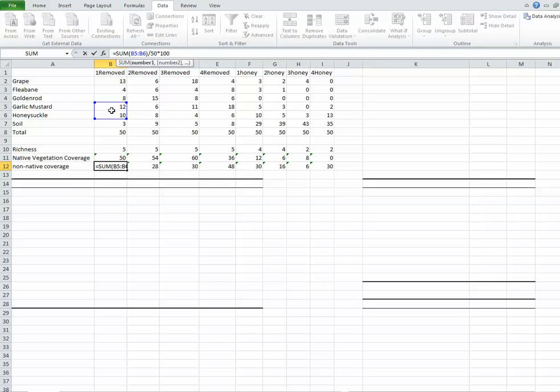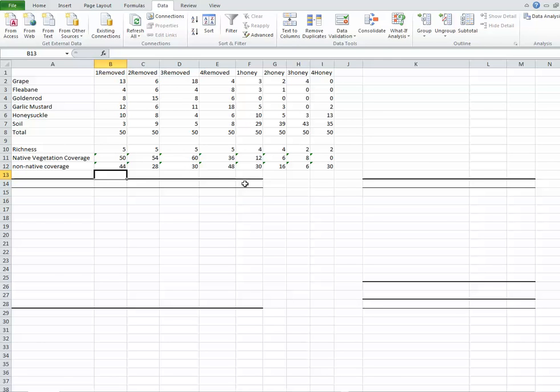Of course, it's just adding up these 2 species, garlic mustard and honeysuckle, and dividing by 50. And copied and pasted those into this row, all those columns. So now I've got non-native coverage for all 8 of my total transects here. So this is a nice way of setting up the data table.